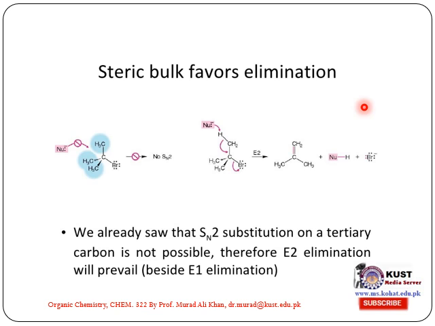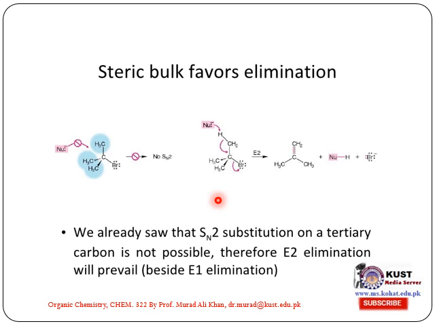The steric bulk favors elimination reaction. If there is steric hindrance, with bulky groups present, then the formation of elimination product is more favored. SN2 substitution on a tertiary carbon is not possible.